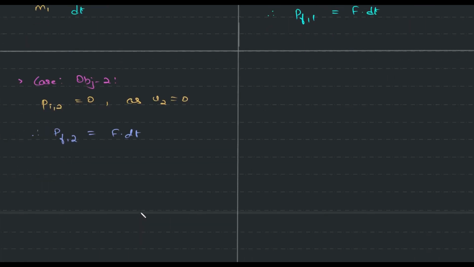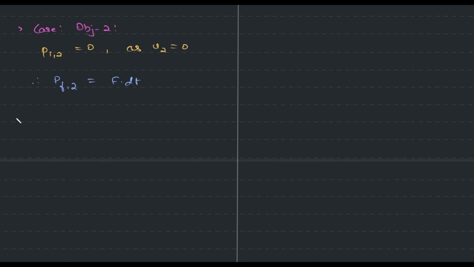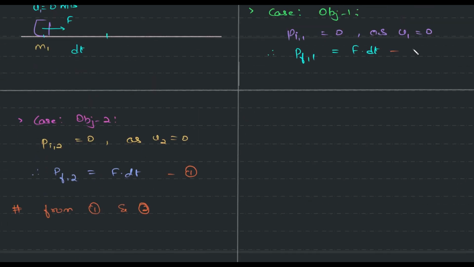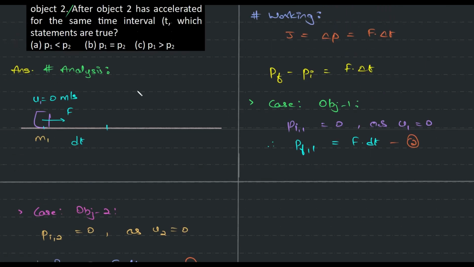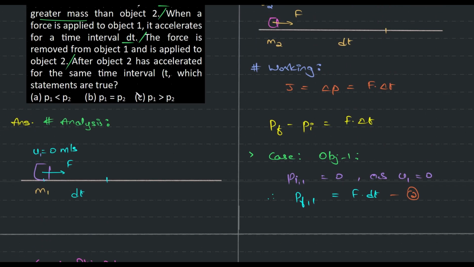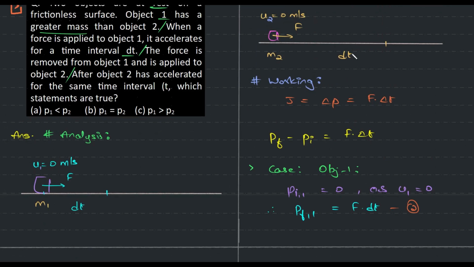So from 1 and 2, what can we tell? See, F is constant, delta t is constant. Both are applied, the force is applied for the same time interval.